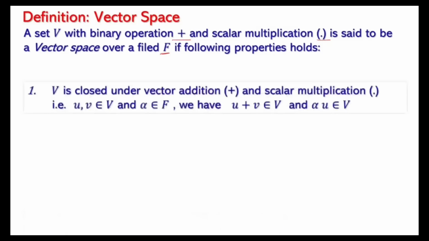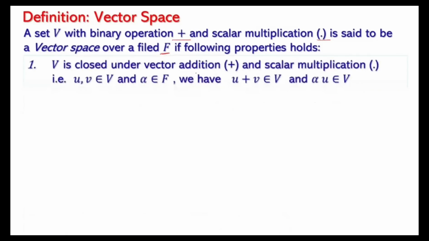First, V is closed under vector addition and scalar multiplication. What does it mean by closed?